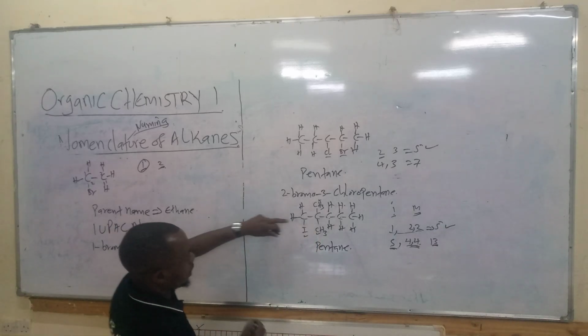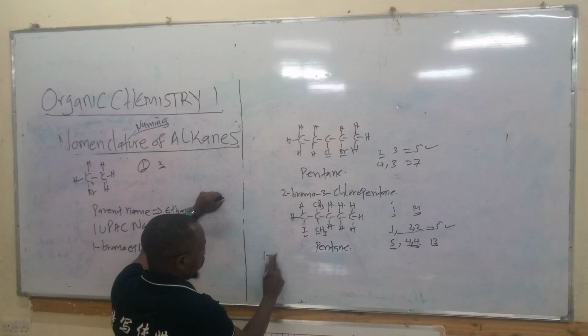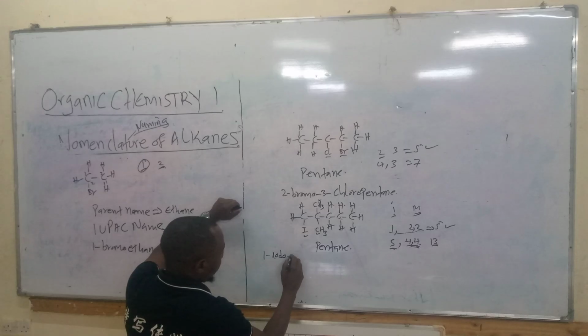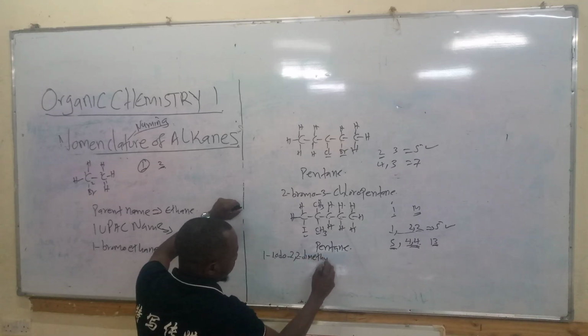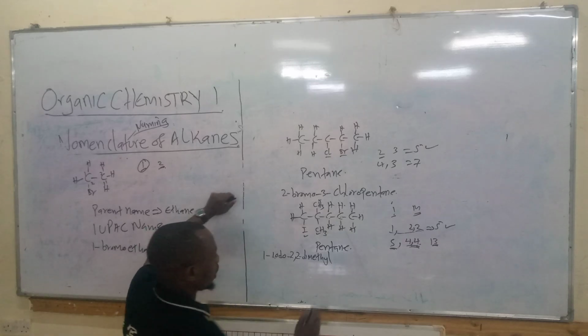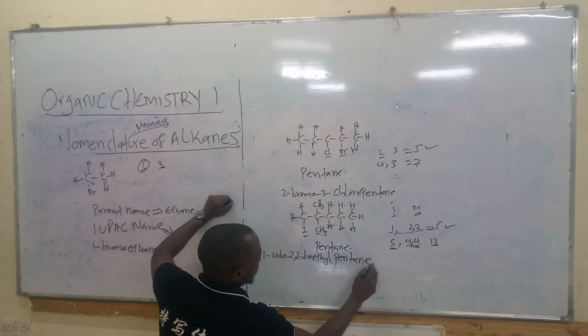So iodine is number 1, so we have 1-iodo. Then we have methyl groups, 2,2-dimethyl, then the parent name, pentane.